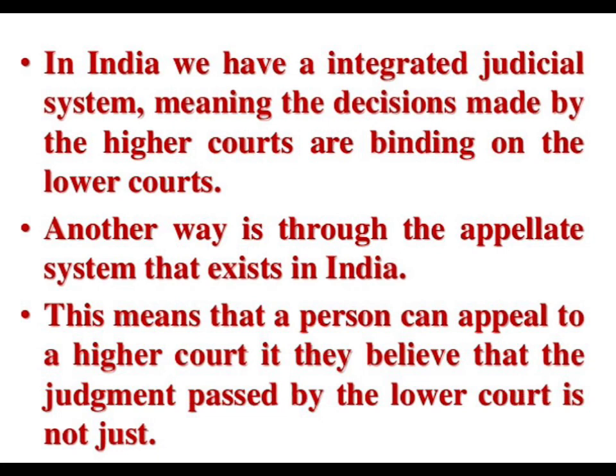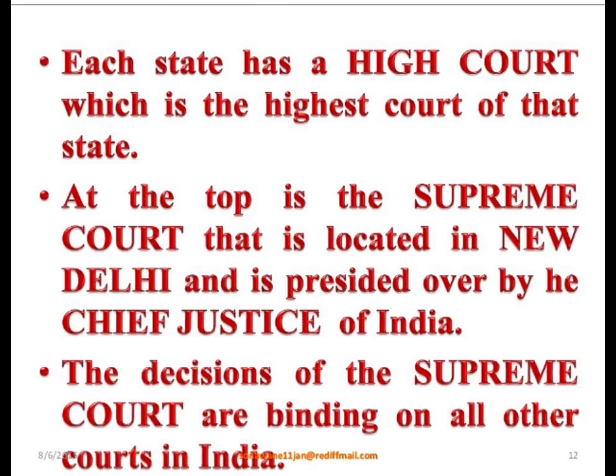You have to appeal first in lower court. Another way is through the appellate system that exists in India. This means that a person can appeal to a higher court. Appellate system क्या है? जिसमें आपको पहले अपील करनी पड़ती है लोअर कोर्ट में, because each state has a high court which is the highest court of that state, but before that you have to go in the lower court, that is the district court.